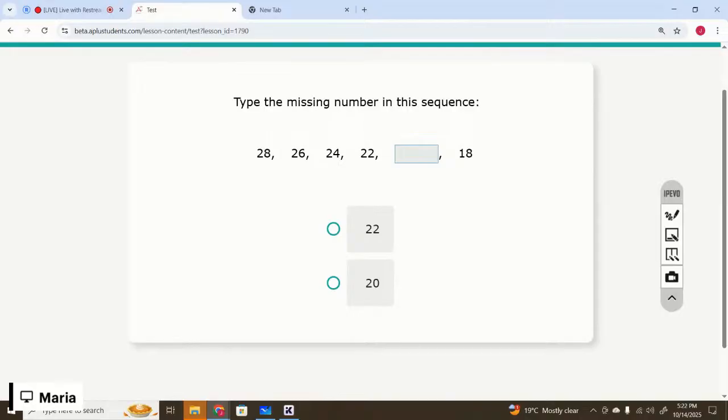Type the missing number in the sequence. 28 is option number 2 is the correct option.